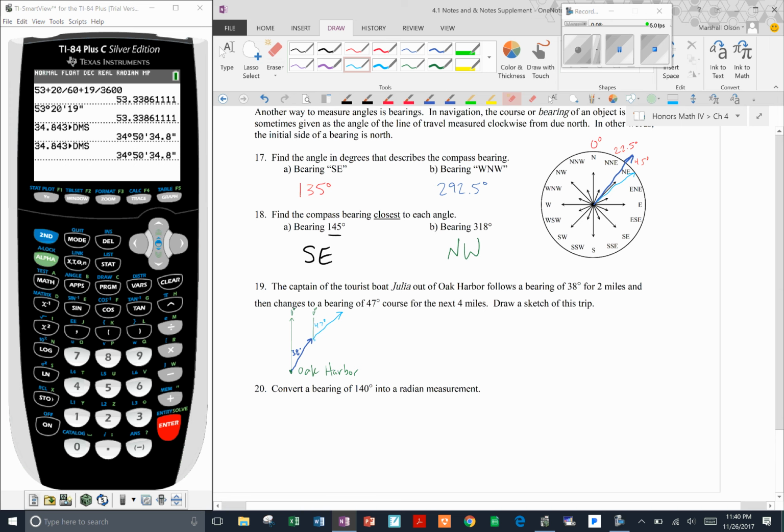I'm going to run out of room here, but I try to follow that twice as long as what I did originally, because that was 4 miles compared to the 2 miles that I started off with. So my sketch is not all that great right here. So we are at 38 degrees for 2 miles, and then twice the distance at a bearing of 47 degrees.